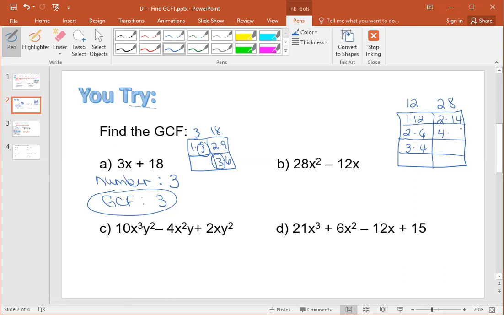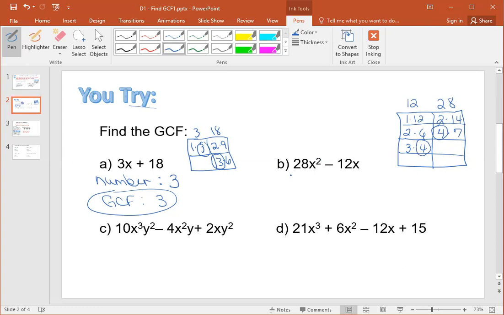4 times 7. Okay, 5 doesn't work, 6 doesn't work, and then we start repeating ourselves with 7. So here, the largest number that I see happens to be 4.